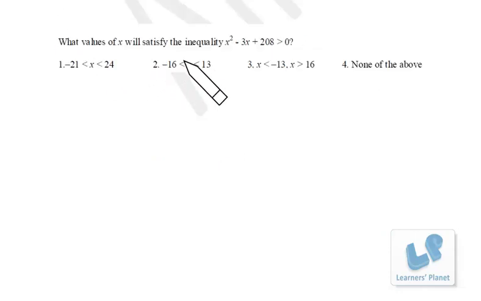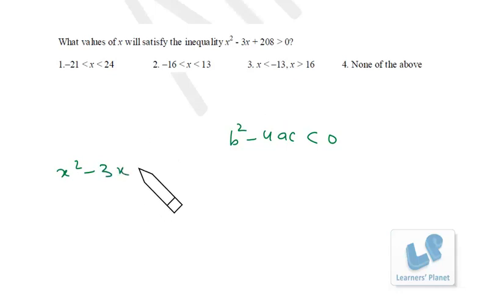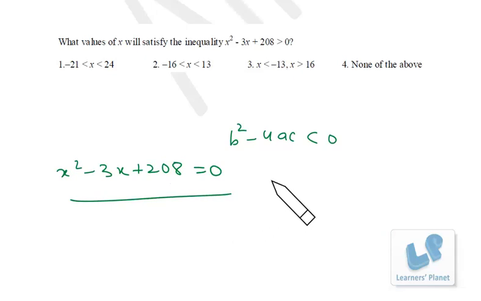What values of x will satisfy this inequality? That seems to be a very interesting question, but very simple, definitely. See, in this case, b square minus 4ac is less than 0. That means the roots of the equation x square minus 3x plus 208 equal to 0 are not real.